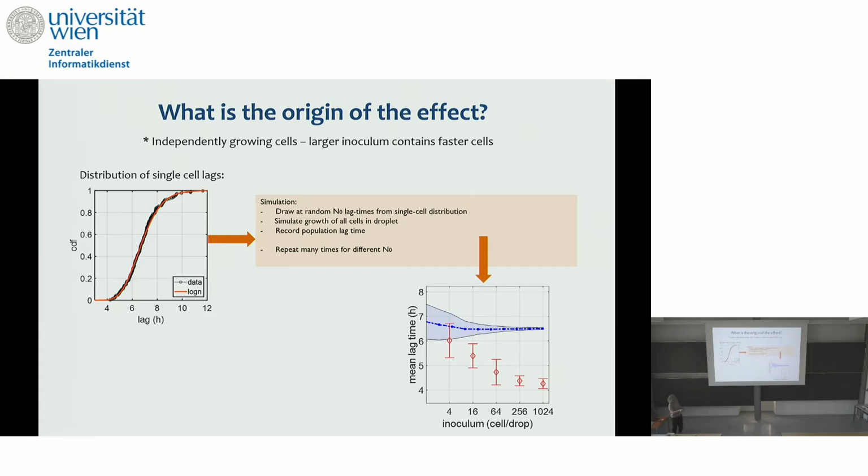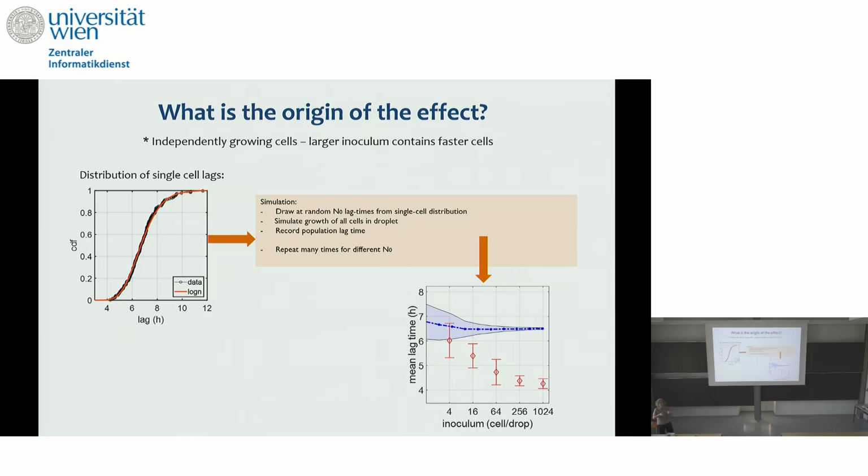This is the experiment, and this is the simulation that draws from this distribution. Clearly you can see that this variability cannot explain the decrease in average time. This is the simulation, this is the variance, and this is the mean. The variance is actually increasing very rapidly, but the mean is almost not decreasing at all.